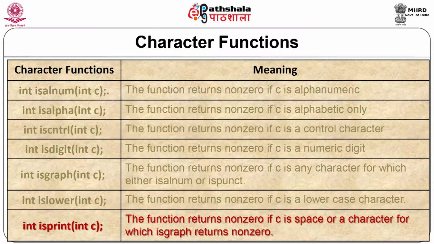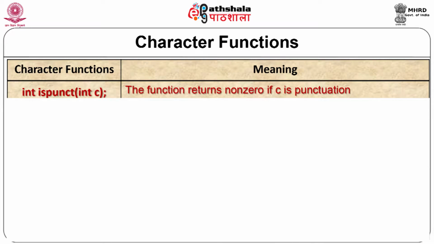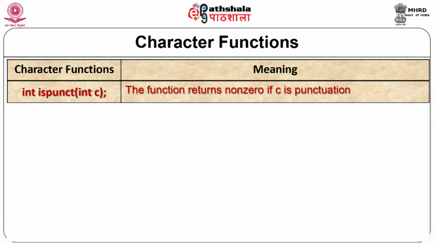The function returns non-zero if c is a space or a character for which isgraph returns a non-zero value. The next type of character function is ispunct. The function returns a non-zero value if c is a punctuation mark.